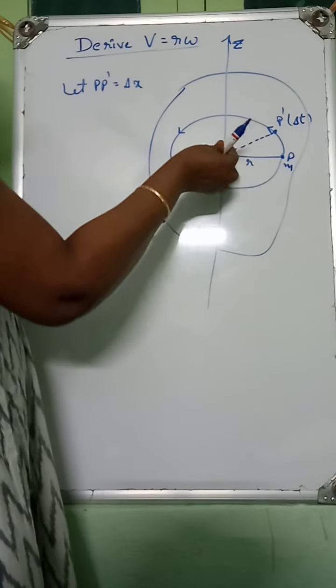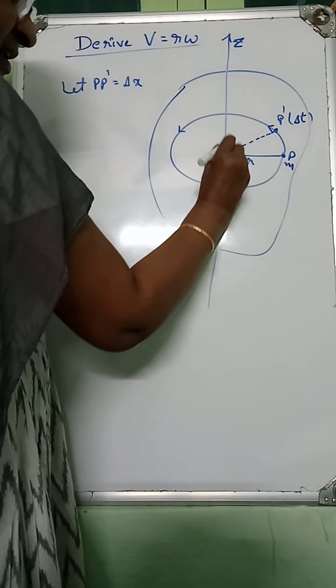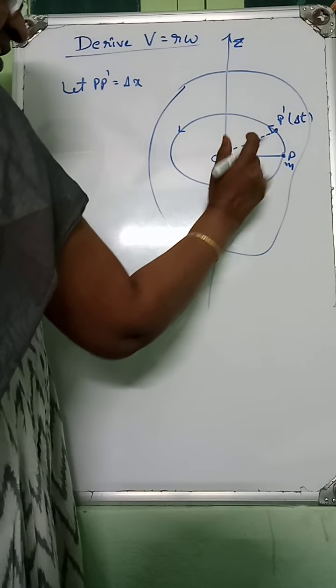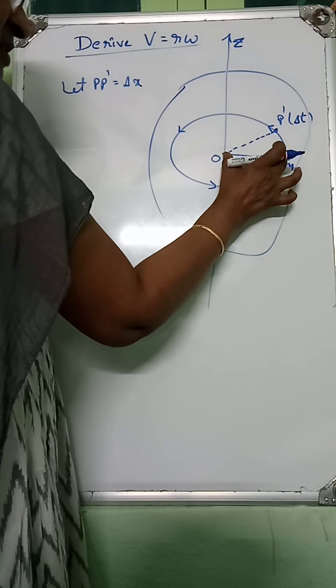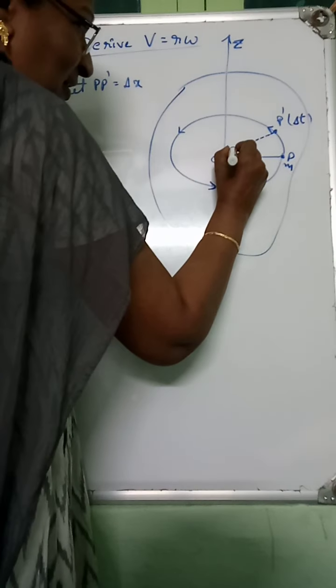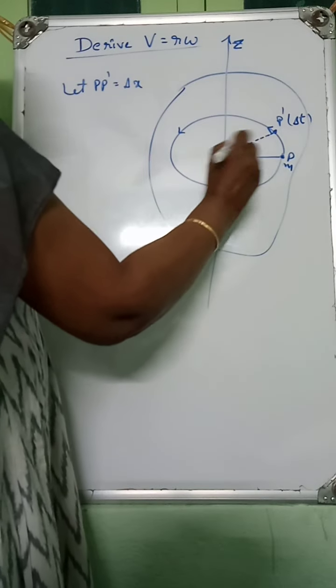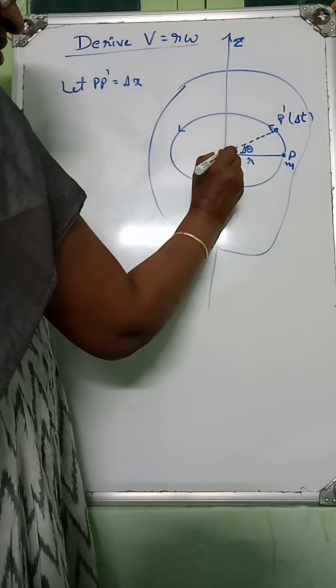This is the initial position and this is the final position. OP is the initial position, OP dash is the final position after delta t seconds. Let the change in angle be delta theta. What is the angle subtended by this arc PP dash at the center?